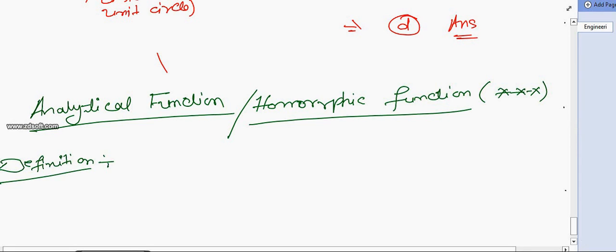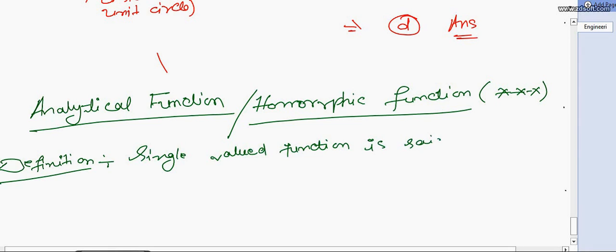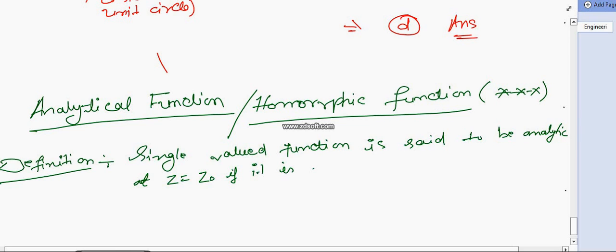Definition. A single valued function is said to be analytic at z is equal to z0 if it is differentiable at z is equal to z0.